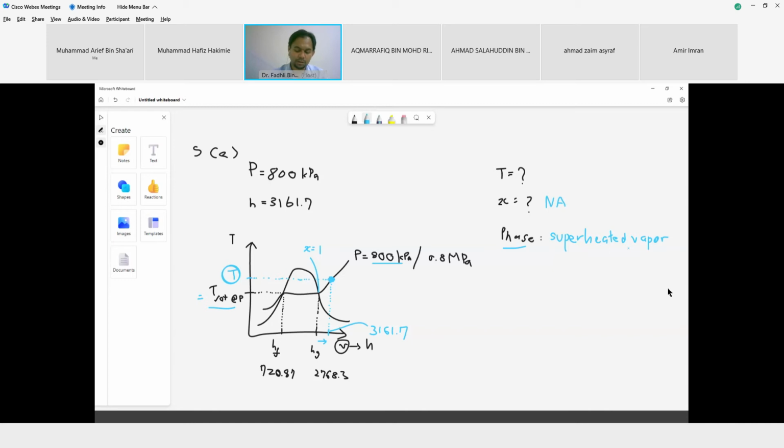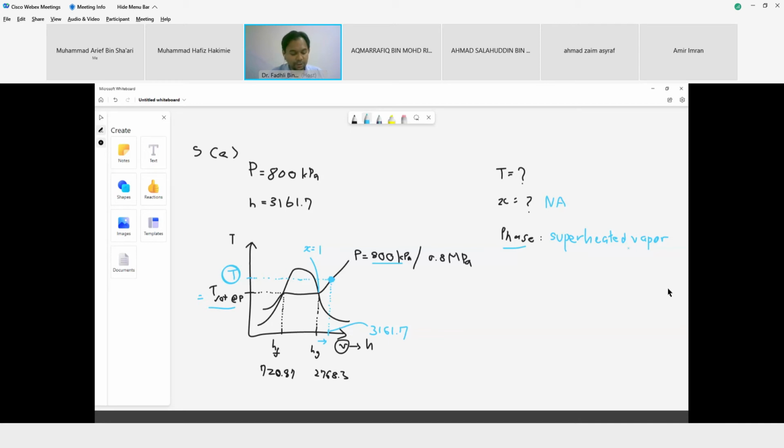For the case of superheated vapor, the table is not A4 and A5 anymore, but A6. A6 is the table for superheated vapor. So please look at table A6. In table A6, there are a lot of small tables where the pressure is different from one another.